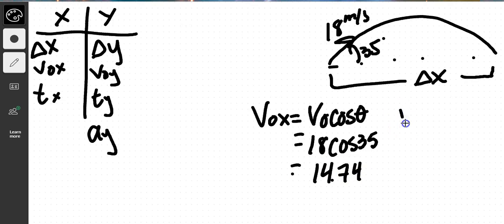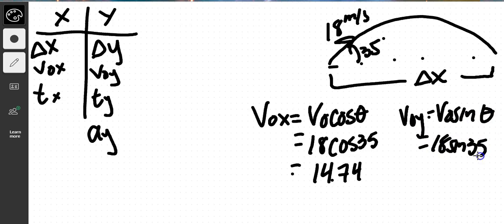And then we're going to do our VOY, and that's going to be VO times the sine of theta. So that's going to be 18 times sine of 35. And again, that value becomes 10.32. So we have two speeds now, the x velocity and the y velocity, and those are going to help us to find the information that we're looking for.